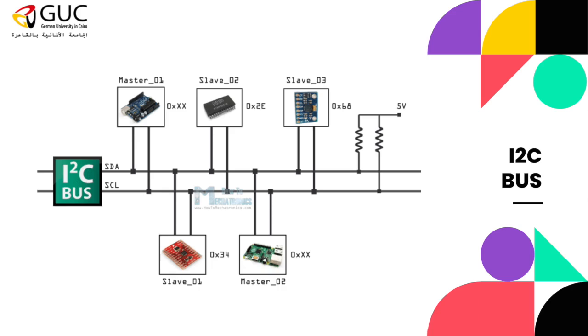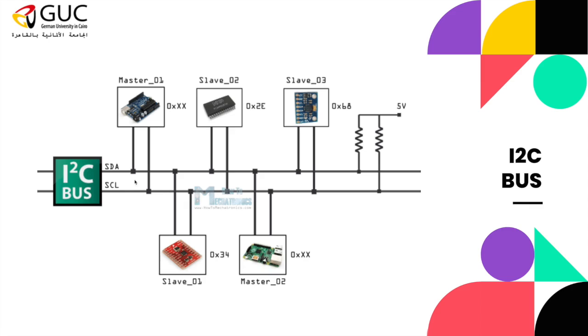The output of bits is synchronized according to what? According to the clock, which is actually being transmitted on the SCL line. So actually I2C is composed of two lines, the serial data line where the data is being transmitted, and the serial clock line, the SCL line, where the clock is being transmitted. Okay, data on SDA, clock on SCL.